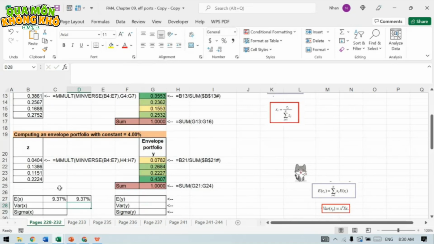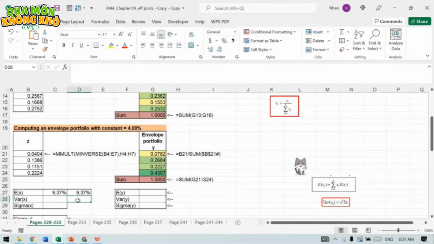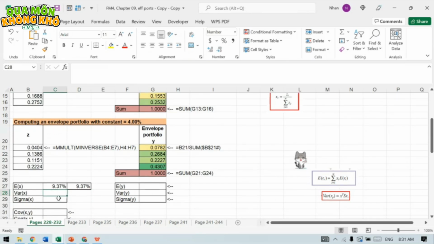As you can see, the results are similar, but I mainly use the SUMPRODUCT function to calculate the expected return because in this case I find it easier and more convenient than the MMULT function.